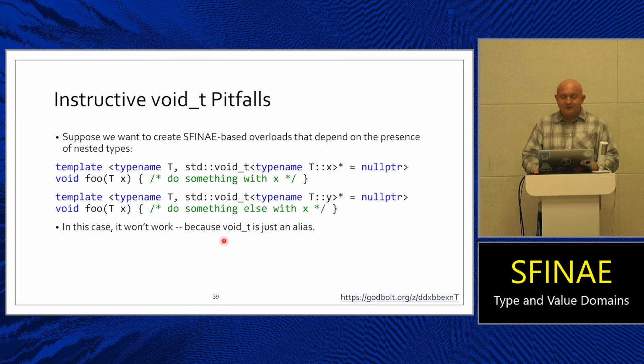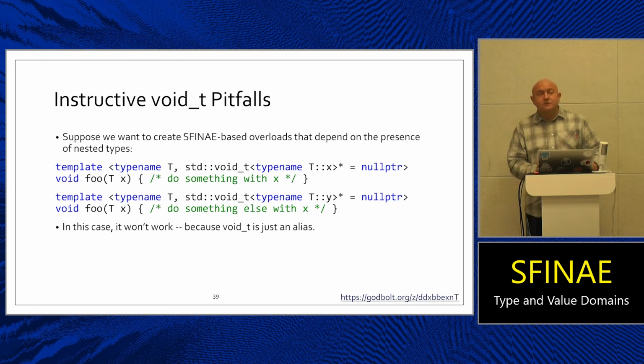Okay, and here's another historical anecdote I can skip. Suppose we want to overload foo depending on whether type T has a nested member of type X or Y. So we write one overload using std::void_t<T> if typename T::X exists.